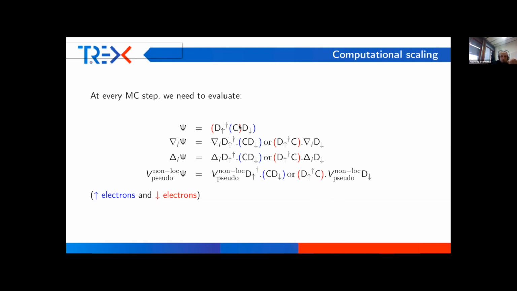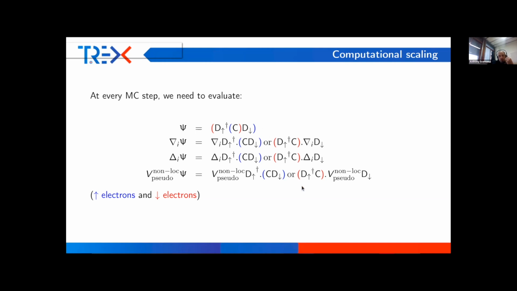So what you would do, because when you multiply a matrix by a vector, it gives you a vector, you would do the multiplication d up C and C d down once for all at the very beginning. Then you would get the blue and red vectors, and then you just do this. So this is a small matrix. It's a 3 by number of electrons matrix.